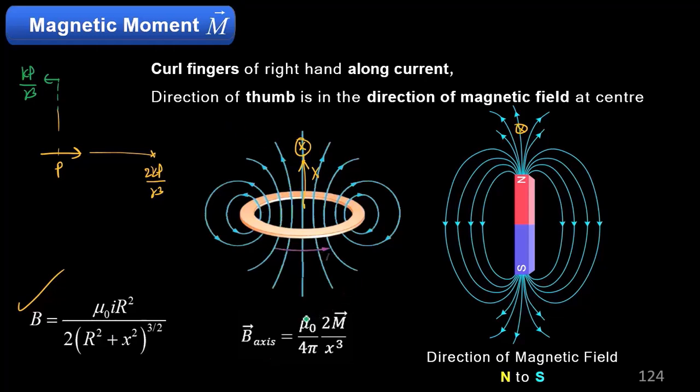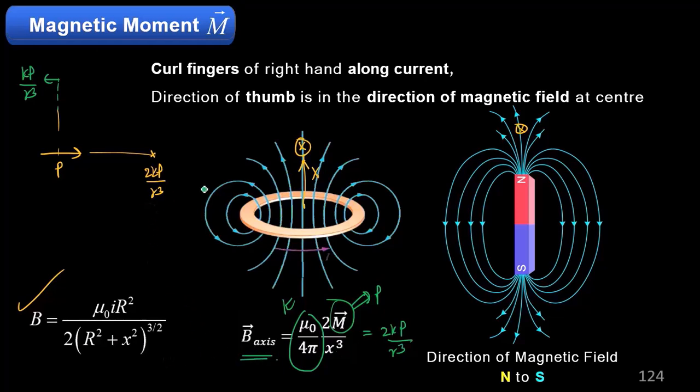Here you have to replace k with mu naught by 4 pi, and M is our magnetic moment, which replaces the dipole moment. So this formula is nothing but the 2kp by r cube formula. That is the axial distance formula.